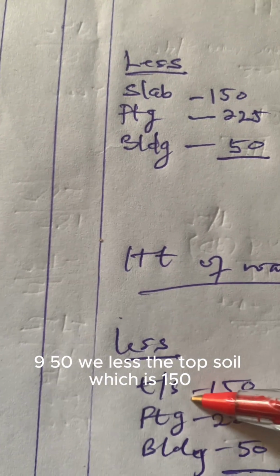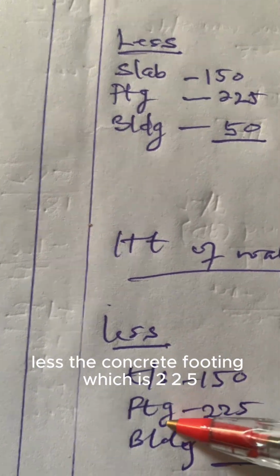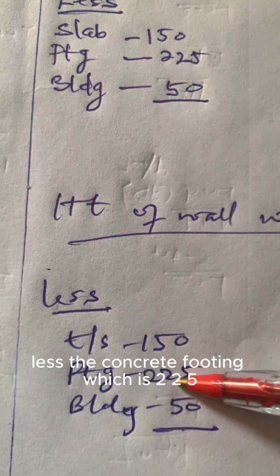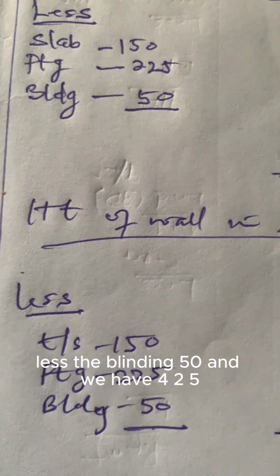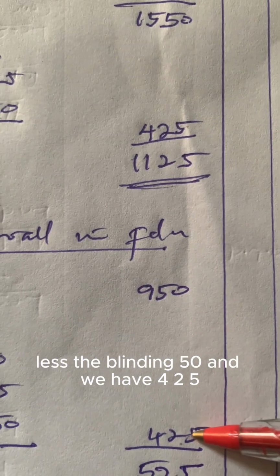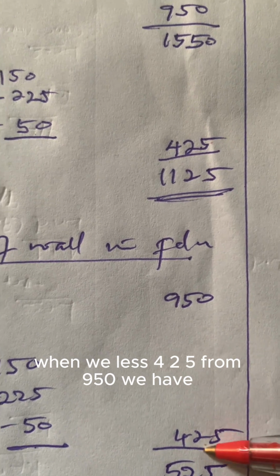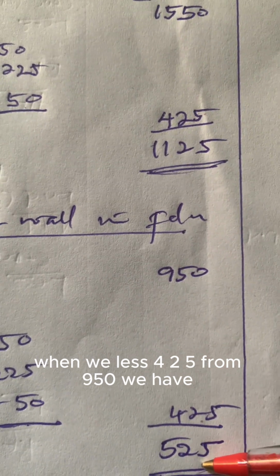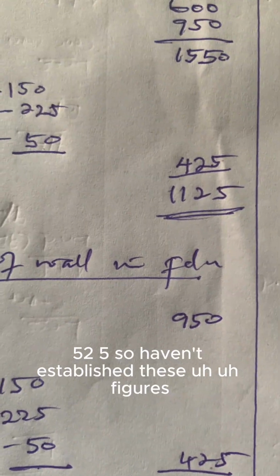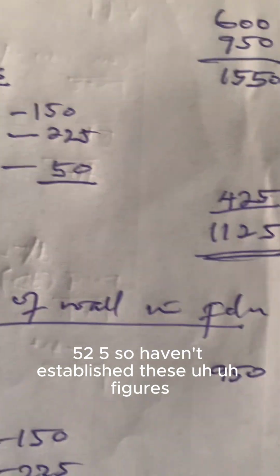We less the topsoil, which is 150, less the concrete footing, which is 225, less the blinding 50, and we have 425. When we less 425 from 950, we have 525.